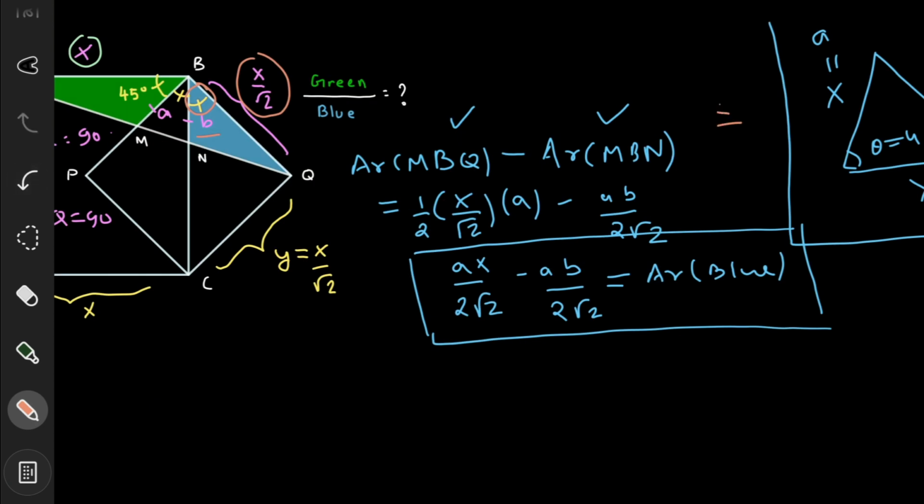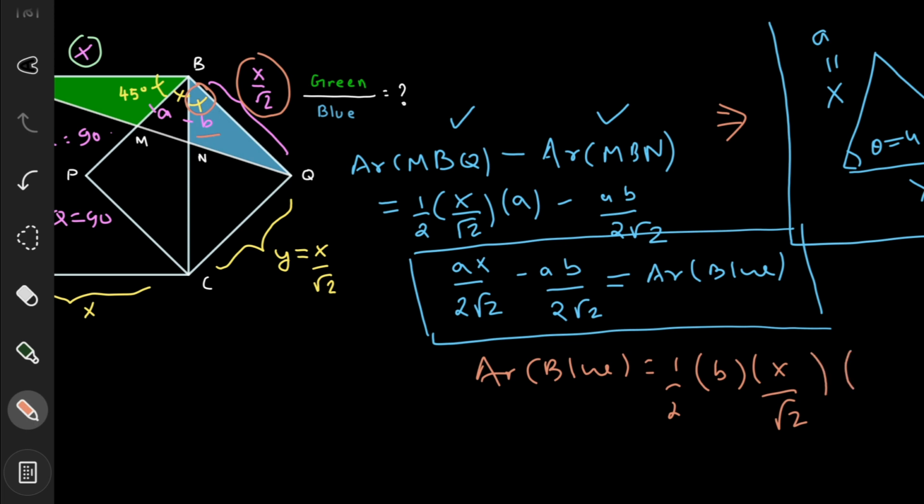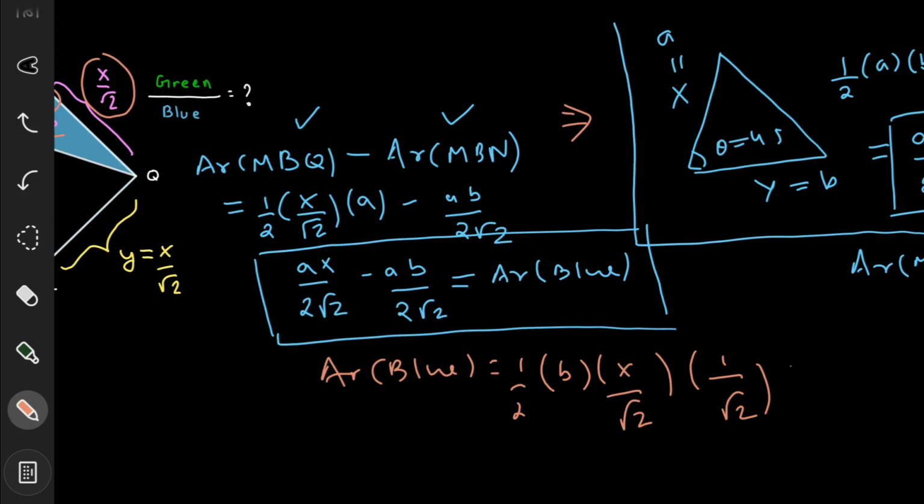So by using this particular method, the area of the blue triangle would be equal to half product of the adjacent sides. So B into X upon square root of 2 into sine of 45 degrees, because the central angle is having a value 45. Sine 45 has a value 1 upon square root of 2. So after multiplying these terms, the result would be X into B divided by 4. So here we have got the area of the blue triangle in a single term.